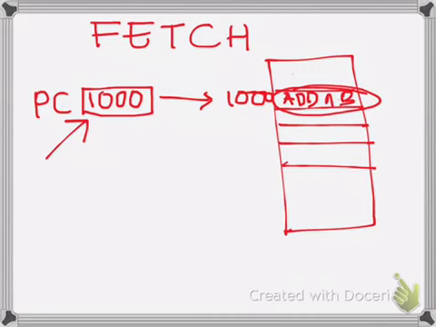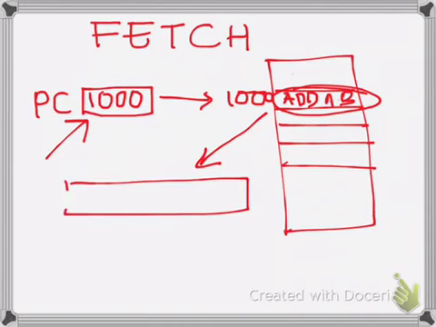This instruction will be fetched from memory and brought into the instruction register. Also something else happens. The program counter, which was holding the value 1000, now, because the execution of this instruction has already started, should be pointing to the next location.